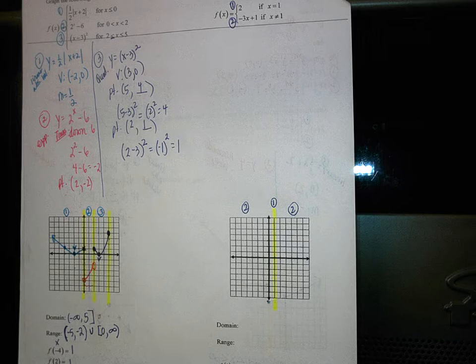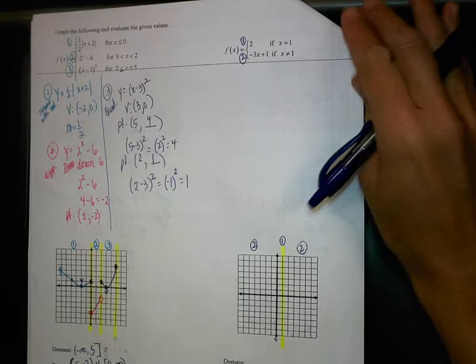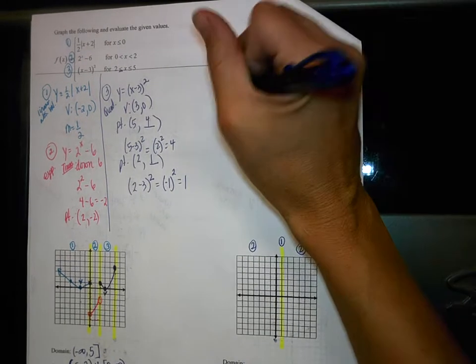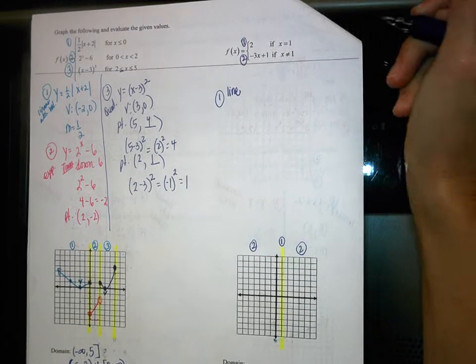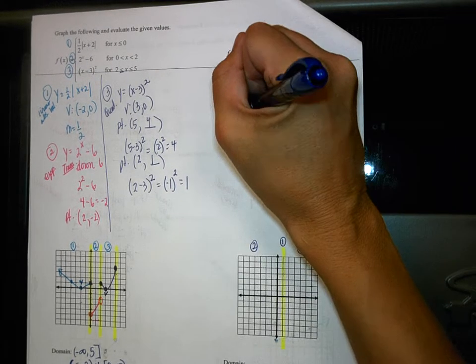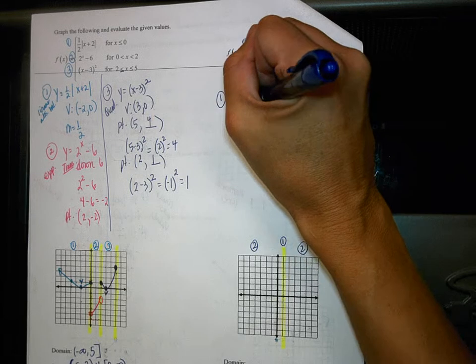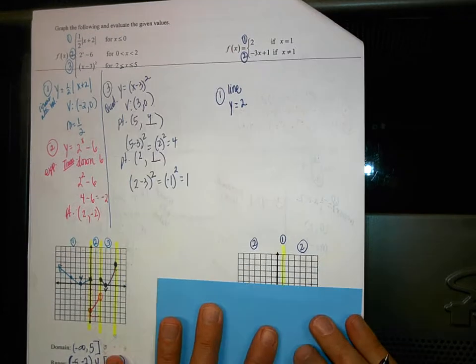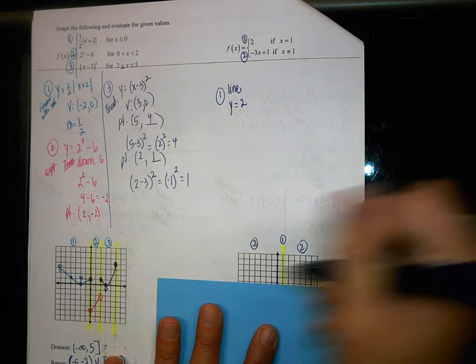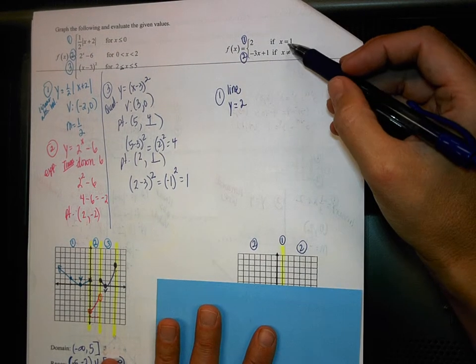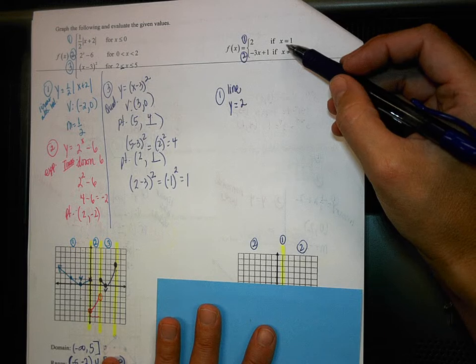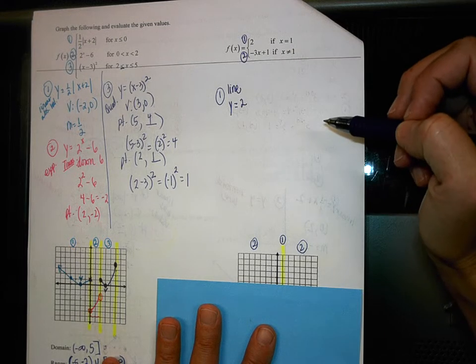So let's go ahead and graph the equals 1 first. What is that going to be? So for this one, for equation 1, normally that would just be a line, correct? And it's specifically the line y equals 2. So if we were graphing it, we would have a horizontal line there at y equals 2. But this graph is saying, nope, it's only at the value of x equals 1. So what do we do there?